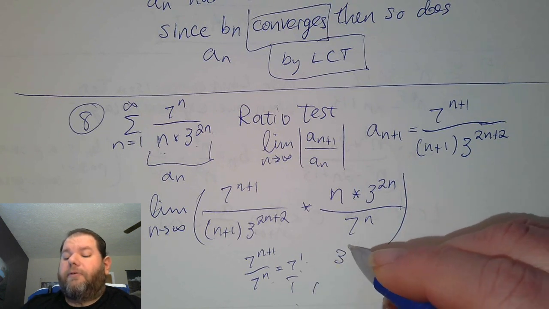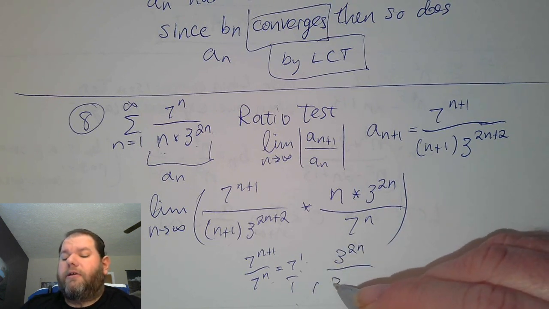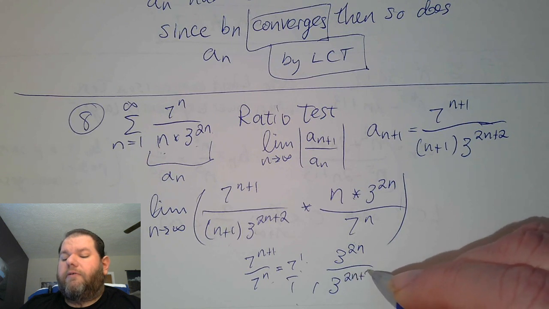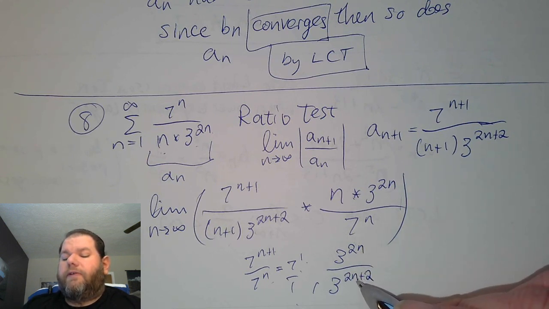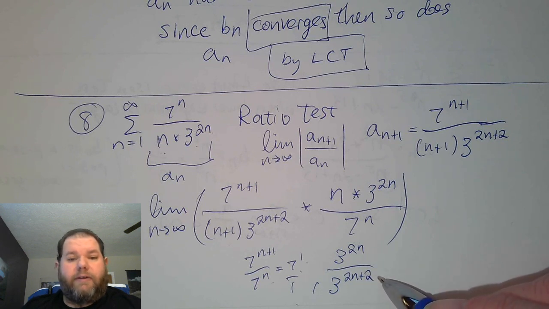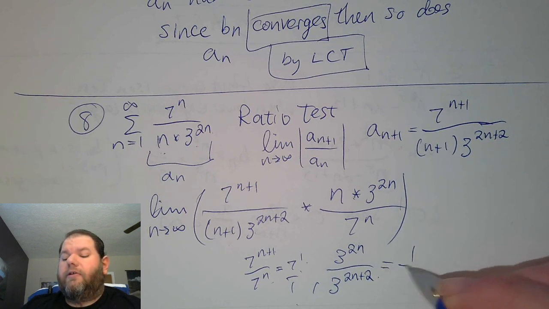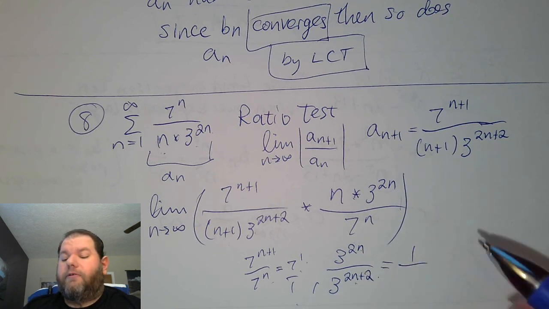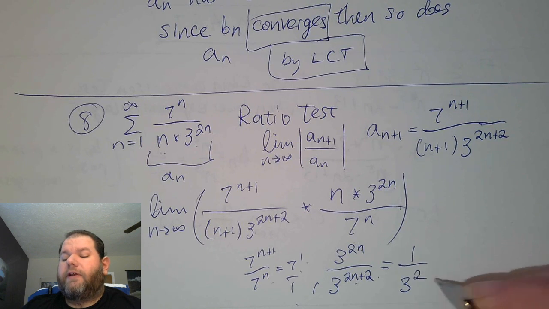Similar thing happens with 3 to the 2n over 3 to the 2n plus 2. The difference is the bottom now has the excess, so it's going to be 1 over, and then we take away 2n from 2n plus 2, it still leaves 3 to the second. The 2n's cancel, but we still have the 2 there, 3 to the second power.